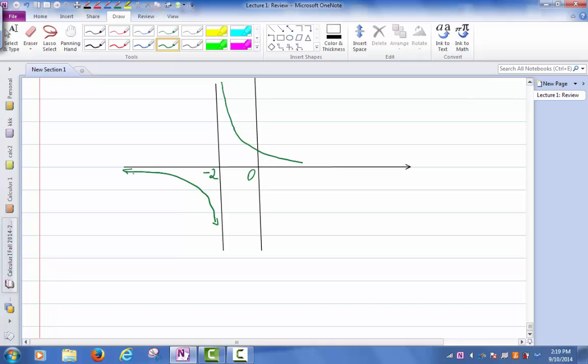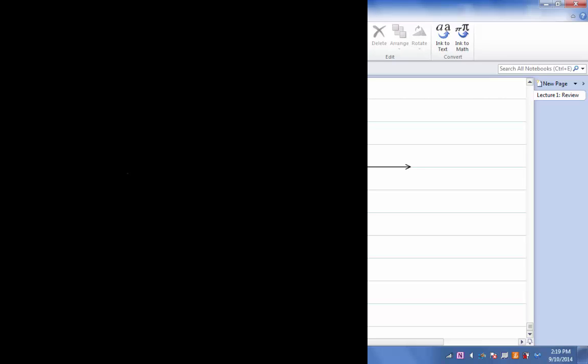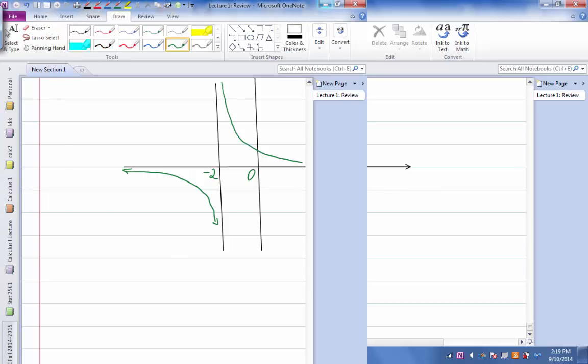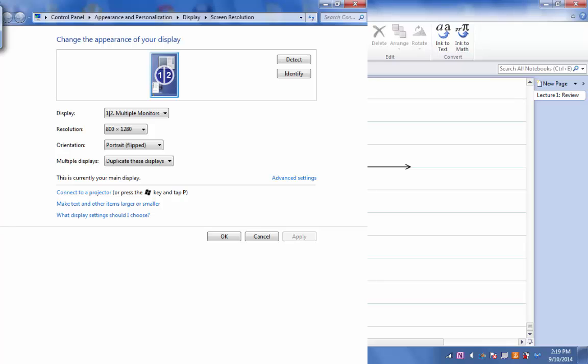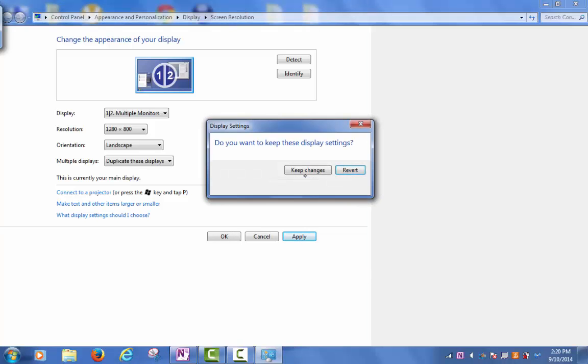Is that making sense? Okay, so that's the graph of y equals 1 over x plus 2.